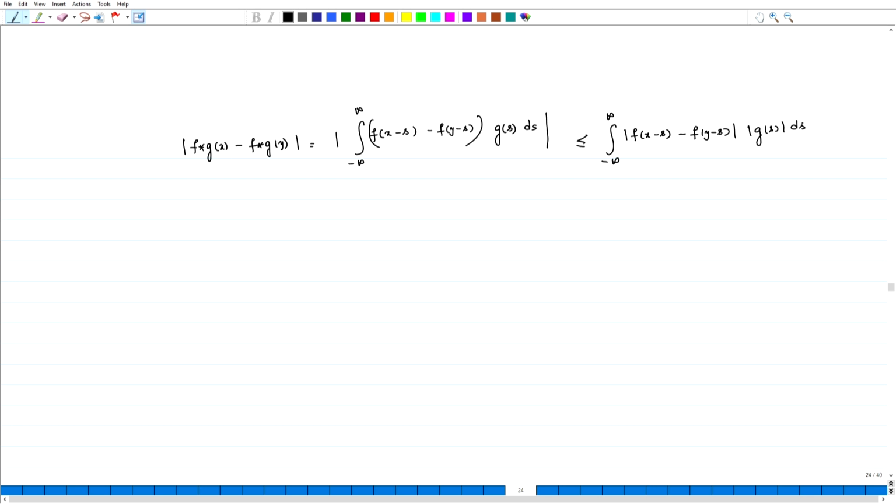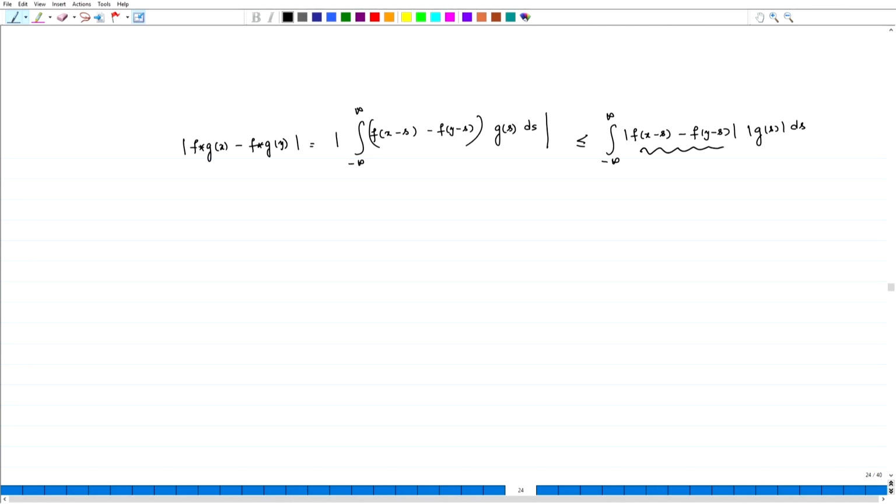Now, if f given to us is uniformly continuous, then we can use that if x is close to y, then f of x minus s minus f of y minus s will be less than epsilon.